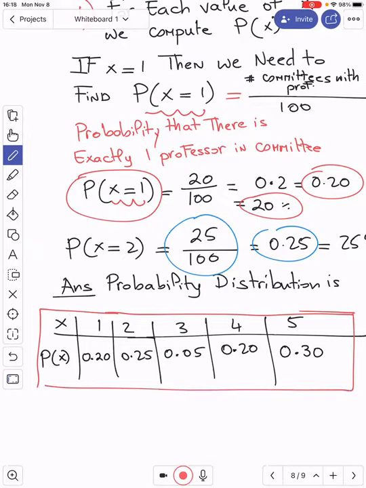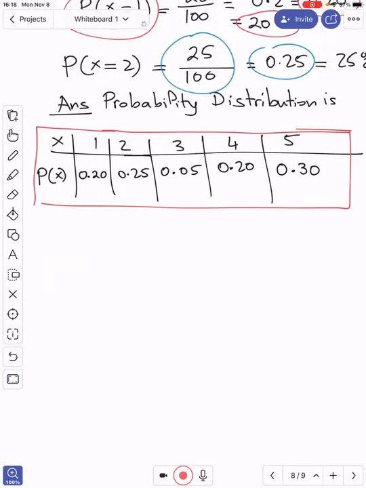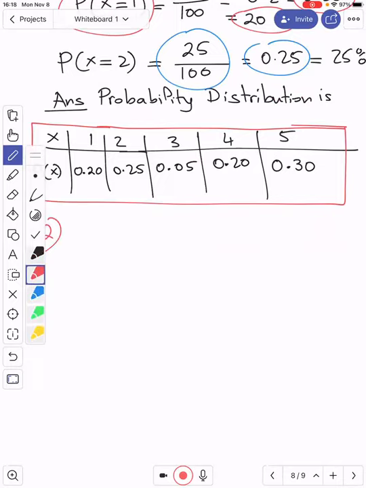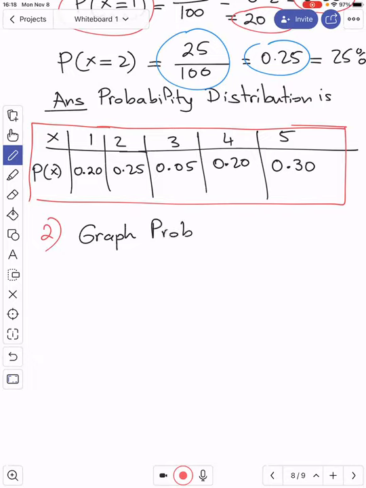Any question, guys, about this probability distribution? So you see how we find the probability distribution? All right, excellent. Next, we need to graph this probability distribution, right? We said Wednesday last week that we can use the histogram to graph this probability distribution. So for number 2, we want to graph this probability distribution.